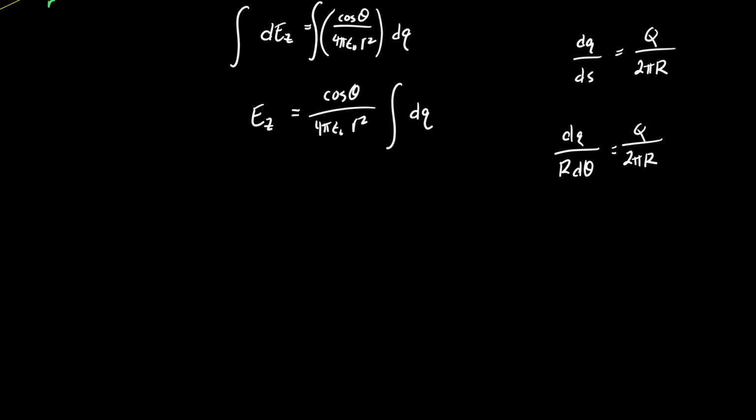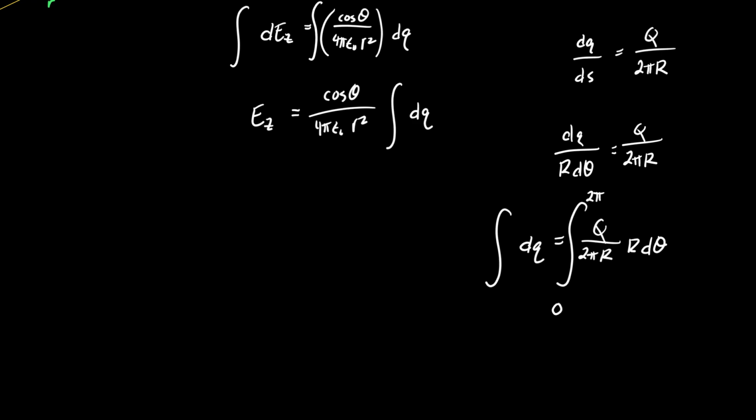So when I take this and go, okay, so dq equals q over 2 pi r d theta. I just solved it for dq. And I want to add it all up by making a sum, starting at angle 0 and ending at angle 2 pi. What do you think you're going to get out of this?